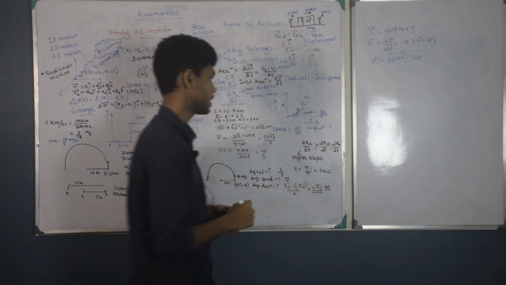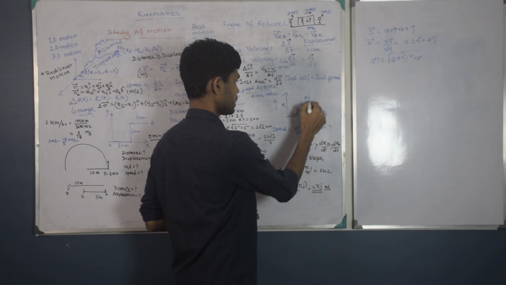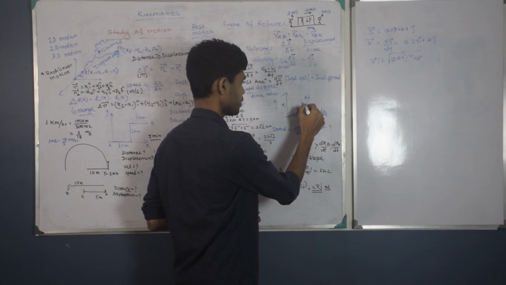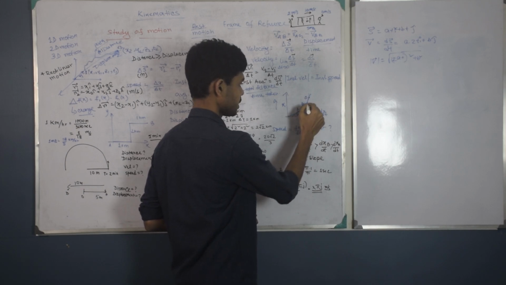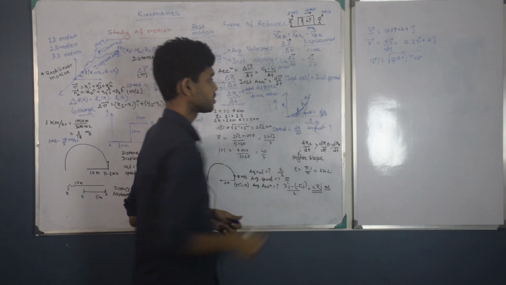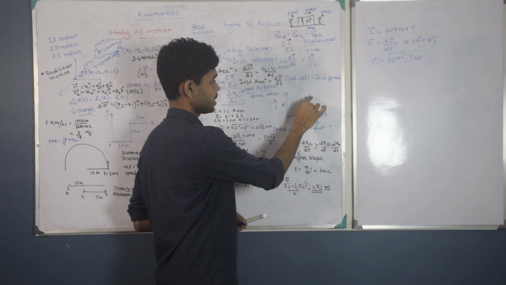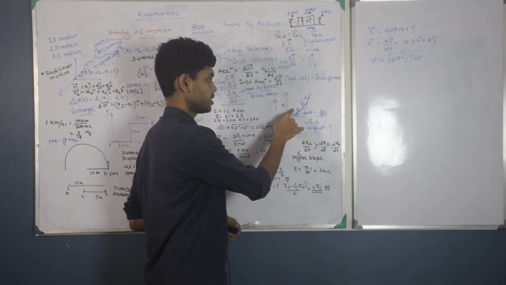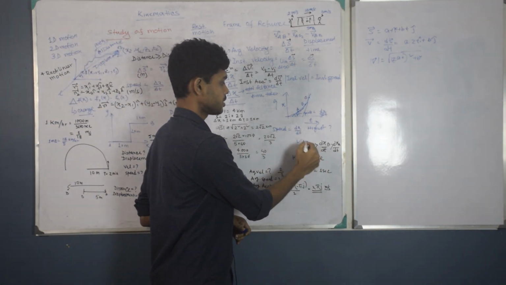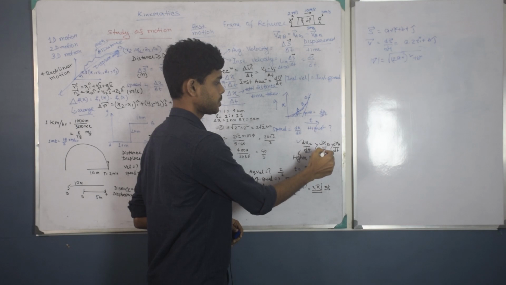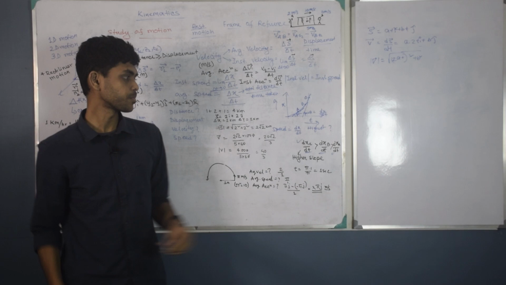This you will learn in straight line. dx by dt here will be the slope of this line. The slope of this line is higher at C, so the instantaneous speed at C will be highest, then at B, then at A. So speed is highest at C.